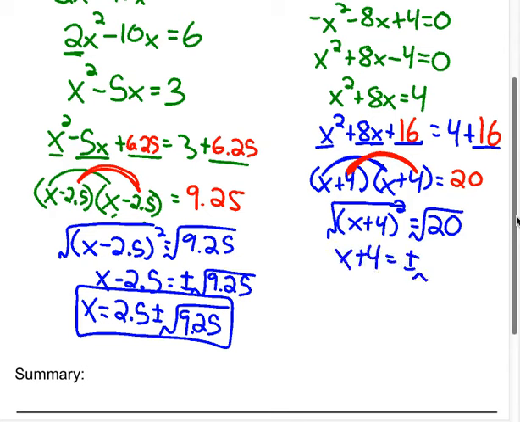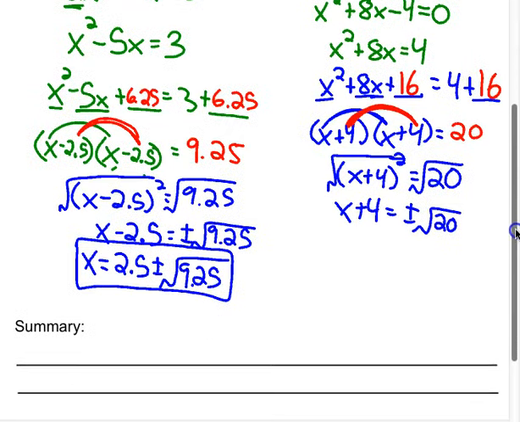And in doing so, remember whenever you square root, you get a plus or minus. And of course, now look at that 20. We've seen this before. That 20 can split up into 4 and 5, because we know the square root of 4 is 2.